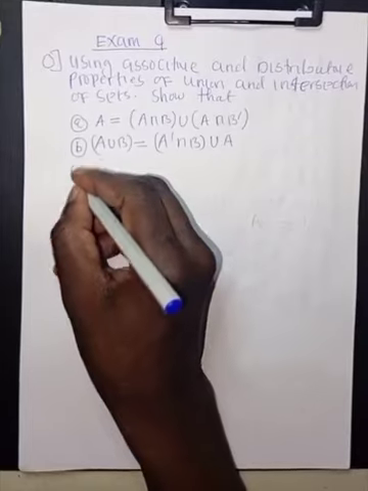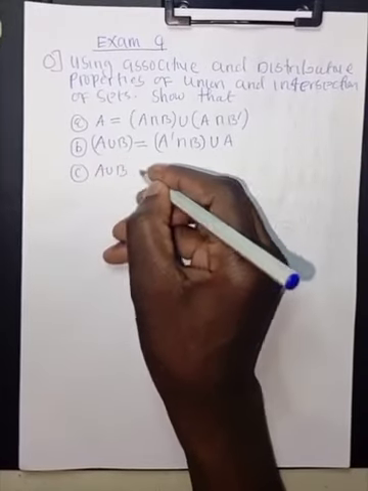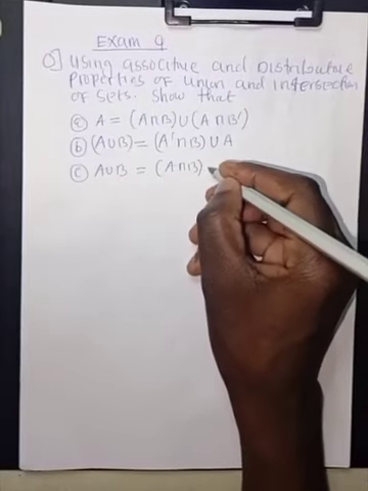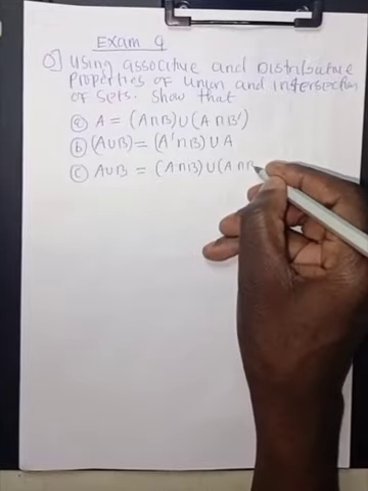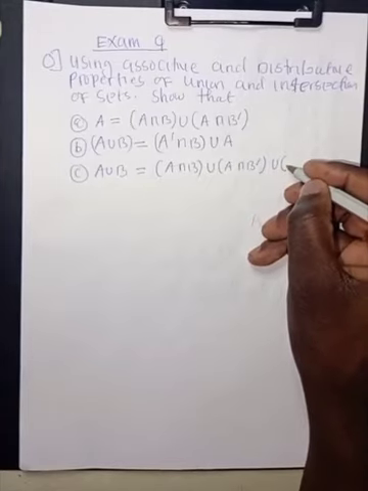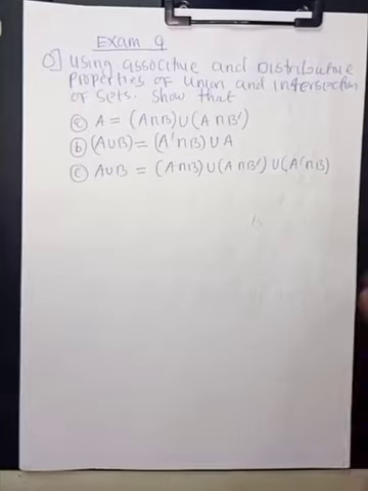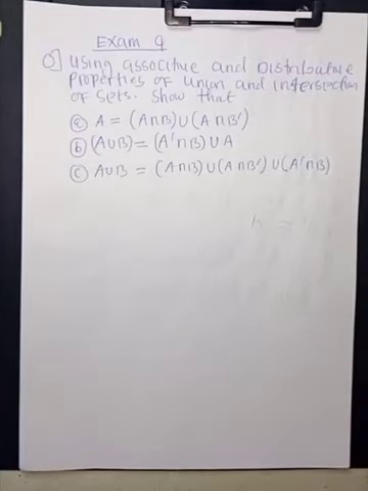Then C, we need to show that A union B is equal to A intersection B, then union A intersection B complement, then union A complement intersection B. So after this, we'll give another more examples so that we can perfect this.